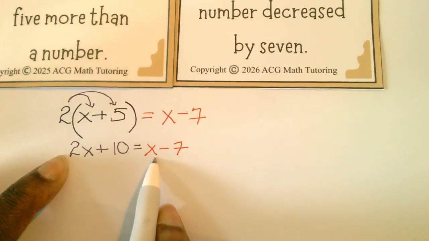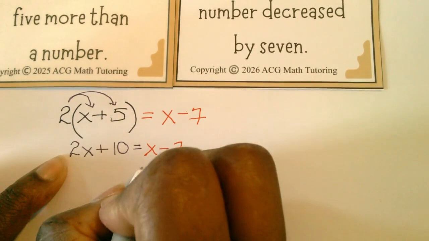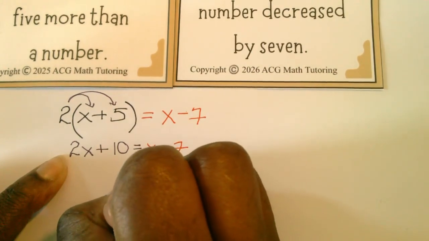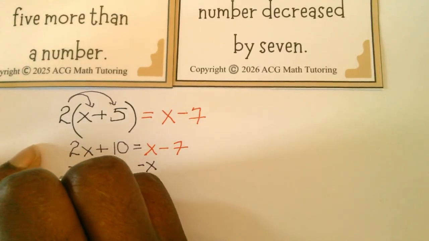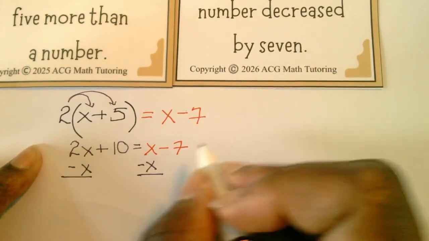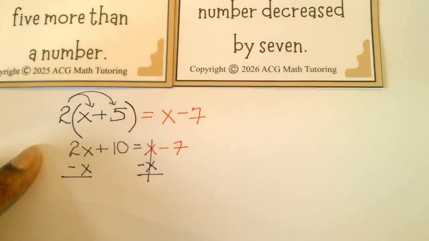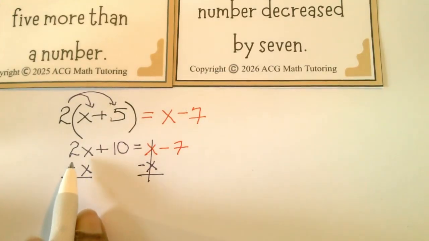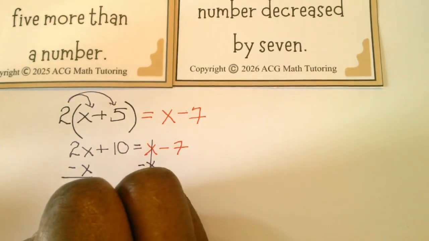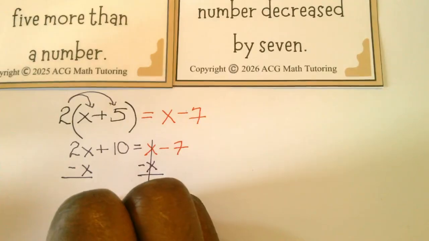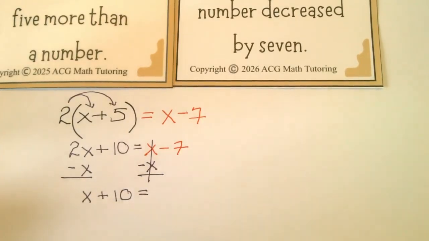But I like to go with the one with the highest coefficient. So that means I want to bring this x over to my 2x. So if I subtract my 1x, because if you don't see a number in front of the x, we assume it's a 1, because there's physically one x there. So now we have 2x minus 1x, which is just simply x. And we can bring everything down. But here's another thing.